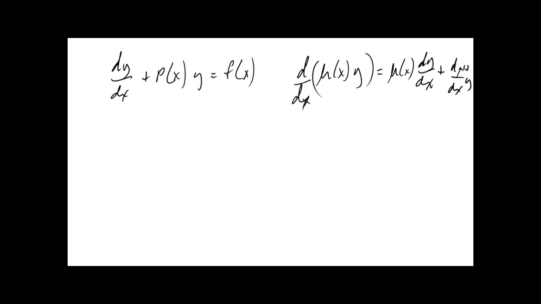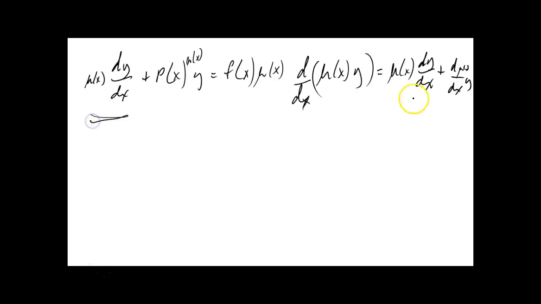Now, notice here. Here's the key. If we had multiplied this by mu of x, this by mu of x, and this by mu of x, which is what they said we were going to do to begin with, notice something here.